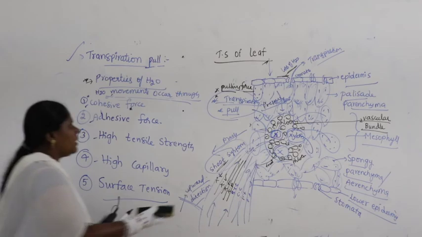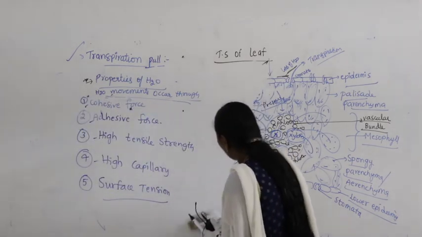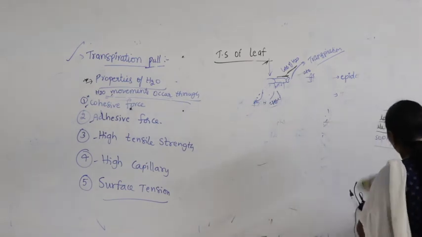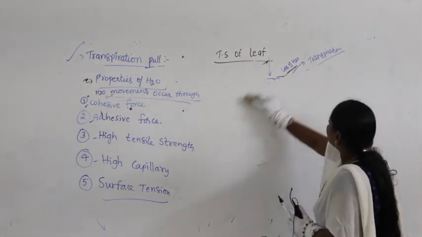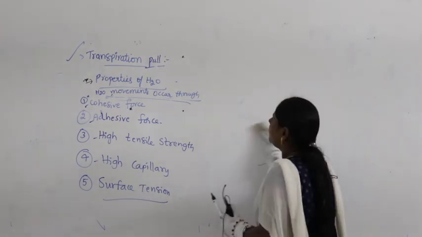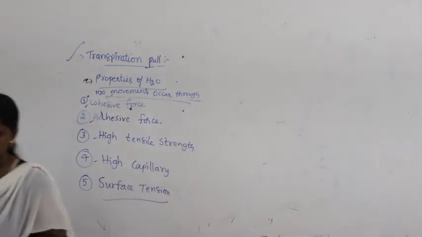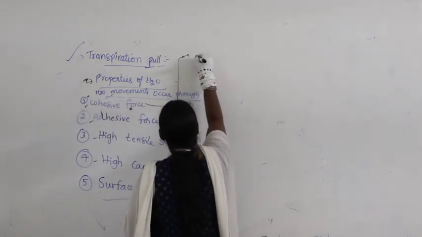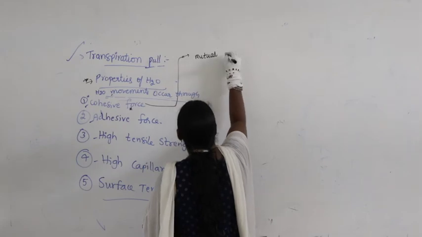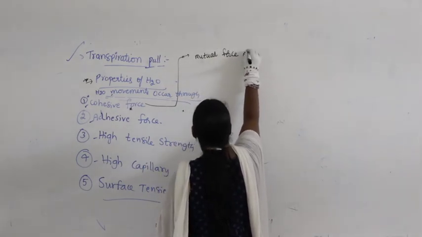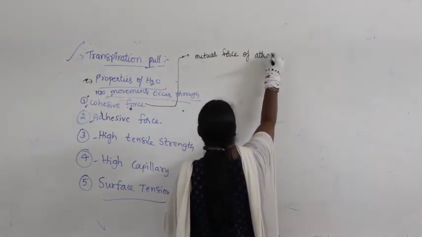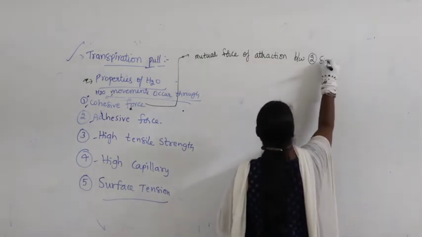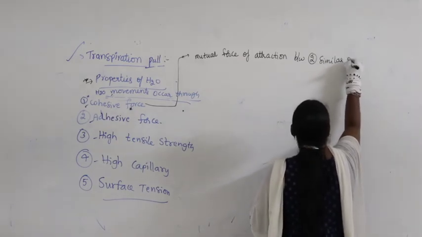Now what is the first property here? The first property is called cohesive force. What is that cohesive force? I am writing: cohesive force is the mutual force of attraction between two similar particles.